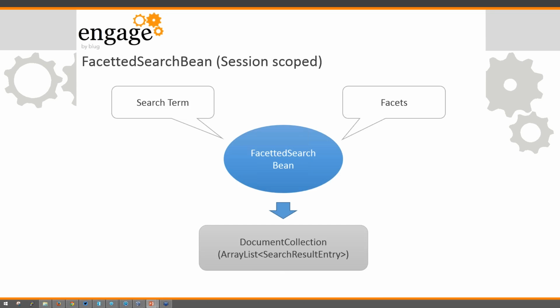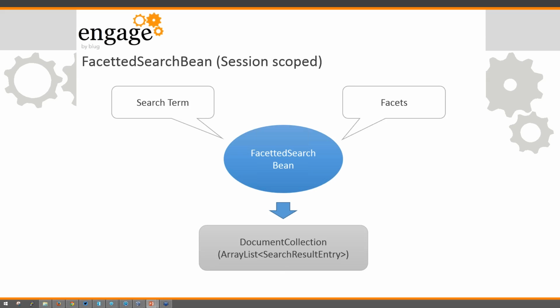So I'm doing it via a managed bean also. It's called Faceted Search Bean. It's session scoped, and it will be fed with two pieces of information: the search term itself and the facets. I will show you that in a second. And the result is always the same. The result is a document collection, but not directly a document collection.